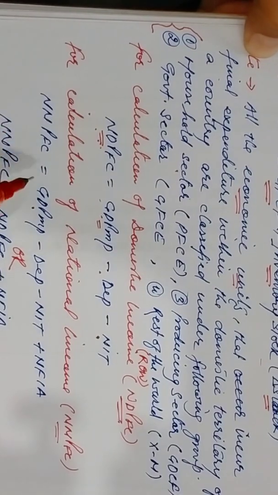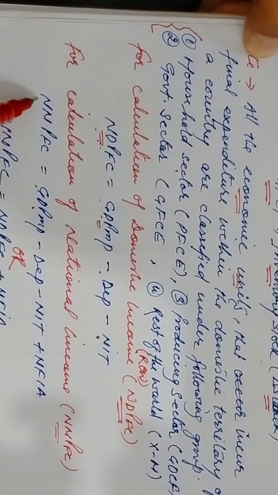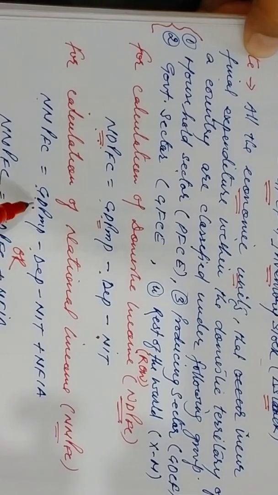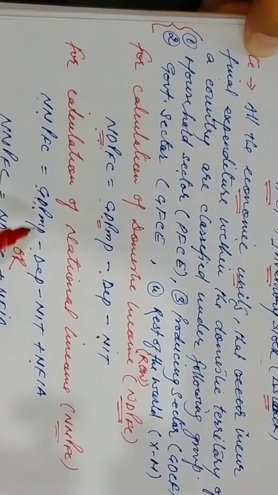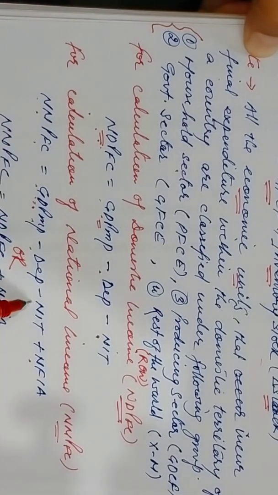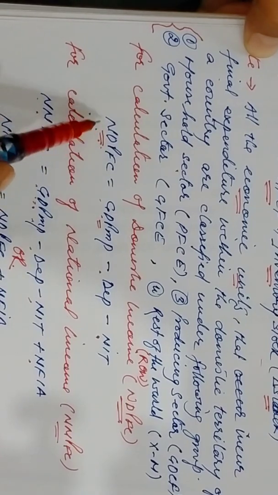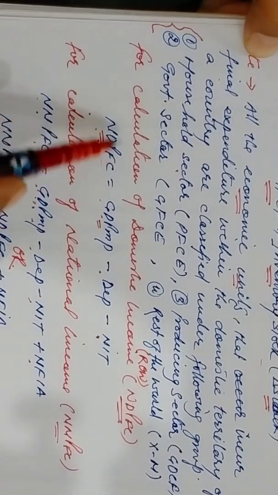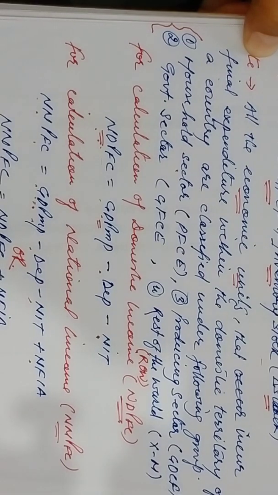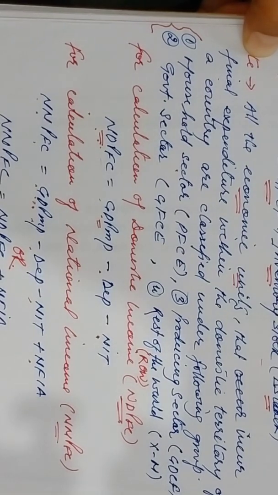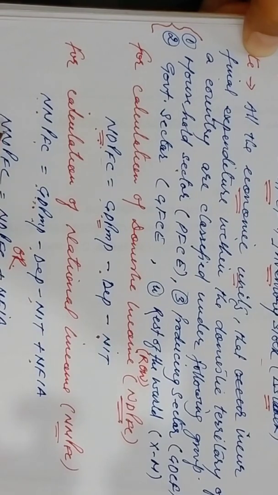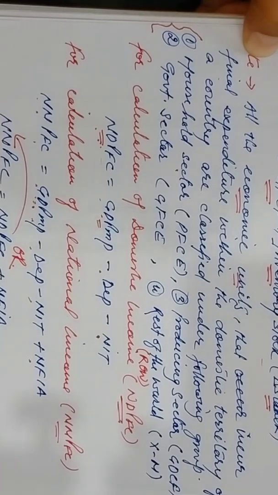Again we balance this equation: gross to net, minus depreciation; domestic product to national product, plus NFIA; market price to factor cost, minus net indirect taxes. Or, because we calculated NDPFC here, we can write NNPFC equals NDPFC. NN is balanced, FC is balanced, only DP and NP are unbalanced, so we need to change this. When you go from DP to NP, you just add NFIA, net factor income from abroad.